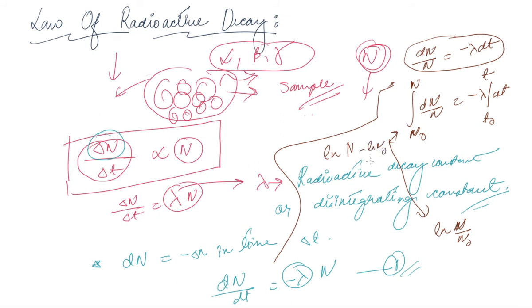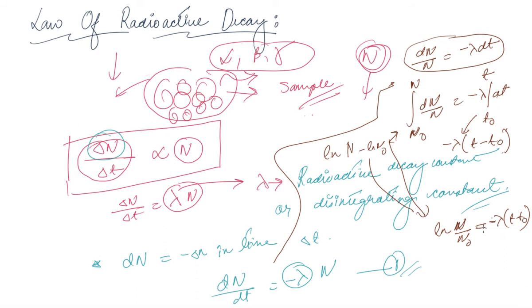So this can be written as ln N by N naught, which is equal to minus lambda times t minus t naught. So far we have proved this.